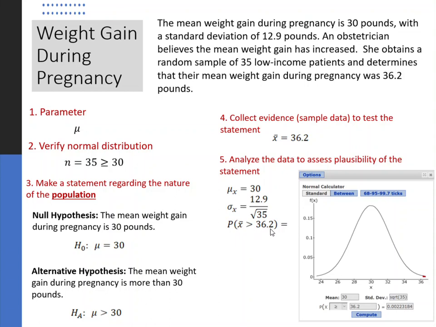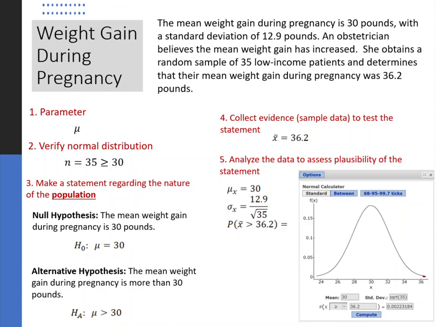We adjusted our normal calculator with the mean of our sample means as well as the standard deviation of our sample means, and found the probability that x bar was greater than 36.2 as 0.002. So it was unlikely for this obstetrician to have an average weight gain from 35 women greater than 36.2.